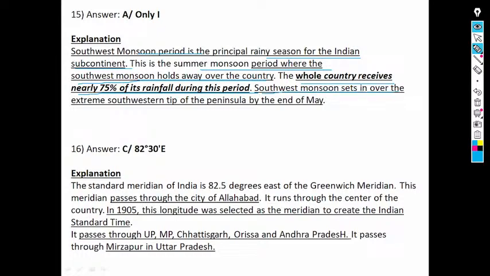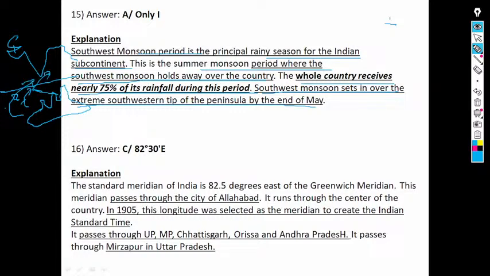Southwest monsoon sets in over the extreme southwestern tip of the peninsula by the end of the month of May. If you look at the diagram, this is the equator.